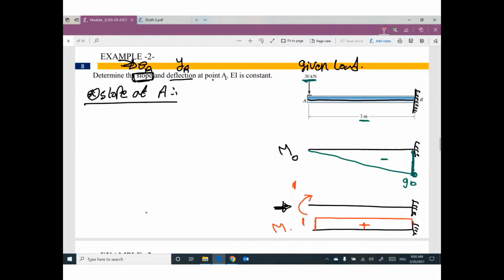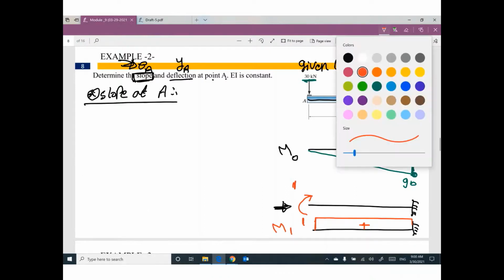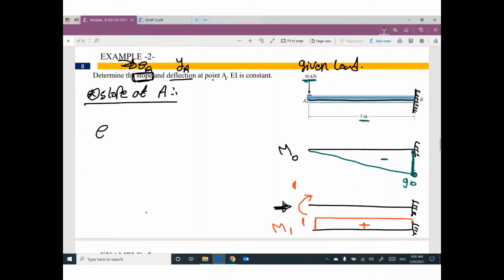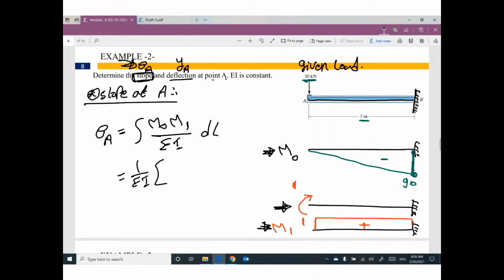So there is M1. In a very simple word, theta at A equals the integration of the moment due to the given load by the moment due to unit load divided by EI dL. 1 over EI outside. How can I do the integration of this triangle by this rectangle?